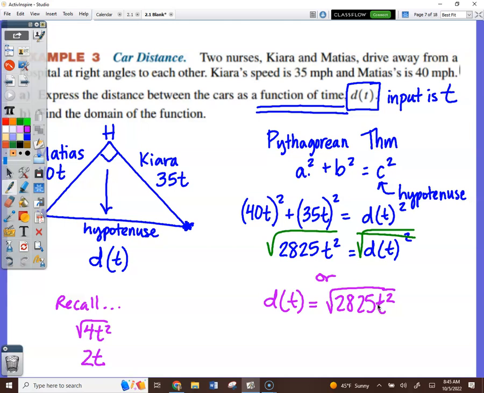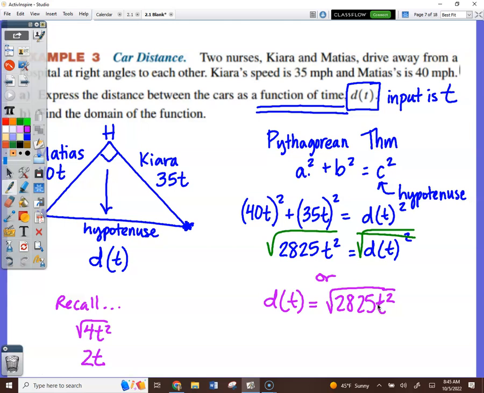What is the letter for x? Okay, so we were talking about t. t means time. So what type of numbers are not allowed here? Negative. Does that make sense? So if I said to you, what's the domain of this function?